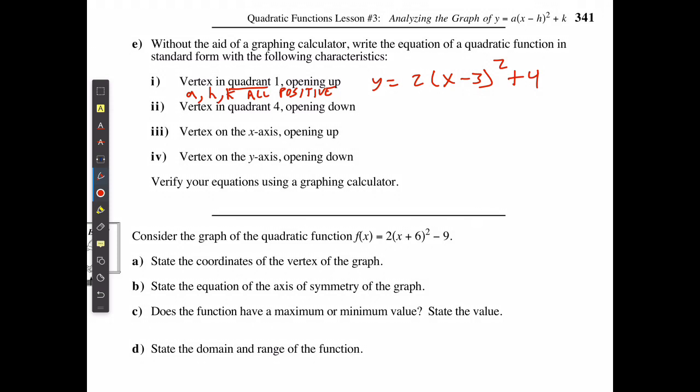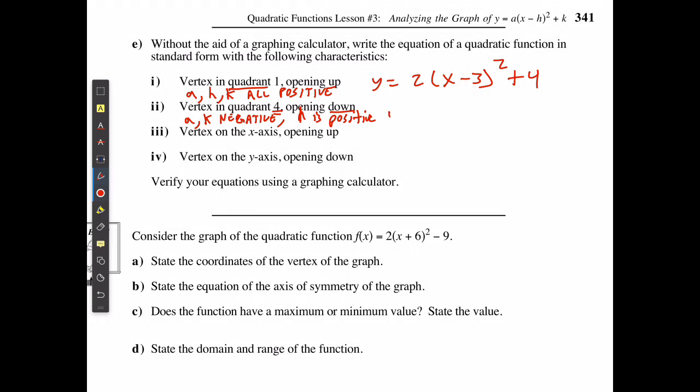In the second one, it has a vertex in quadrant 4, and it opens downwards. Well, if it opens down, then a is negative, and if it's in quadrant 4, then I have a positive h but a negative k, so a and k are negative, and h is positive.